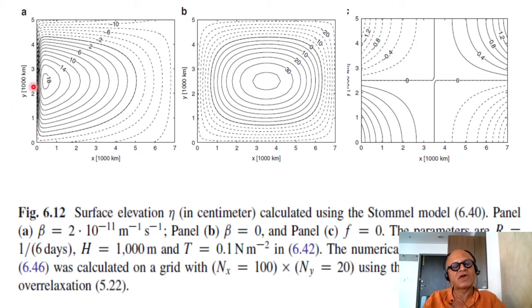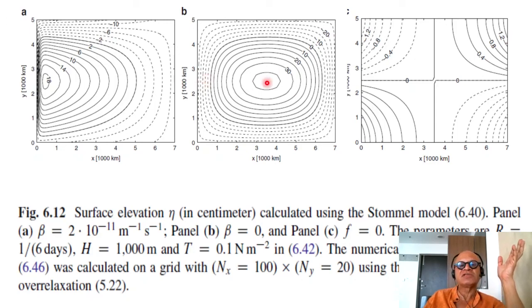So here you get a balance between basically frictional force, Coriolis, and pressure gradient, whereas here you get almost a geostrophic balance when beta is 0, no boundary intensification. Here wind forcing balances the frictional force, and pressure gradient almost balances Coriolis, which is what is geostrophic.